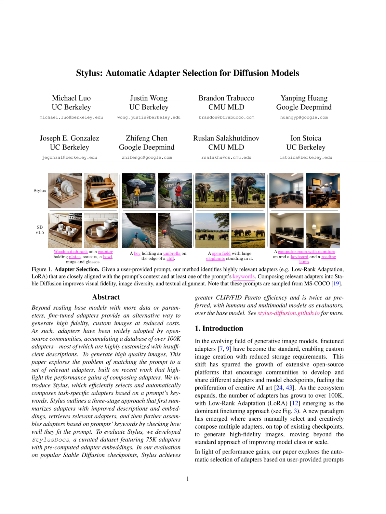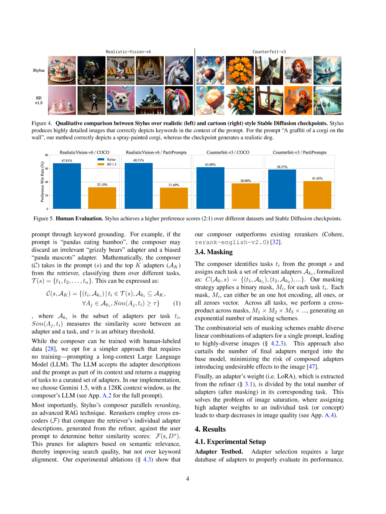Additionally, the process of selecting relevant adapters based on user prompts may not always result in the desired outcome, as the system may struggle to accurately match specific tasks within complex prompts. Moreover, Stylus's masking strategy, which aims to control the number of adapters per task, may lead to challenges in managing the exponential number of masking schemes generated, potentially complicating the selection process and impacting the final image quality.